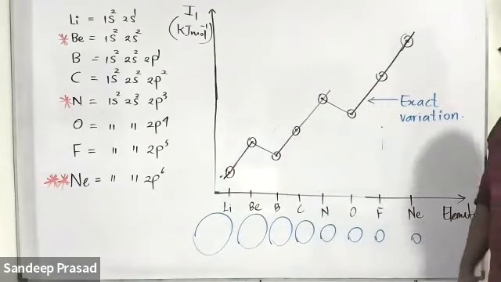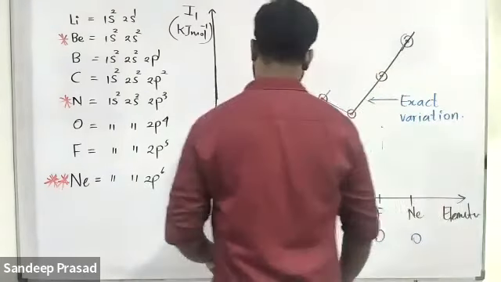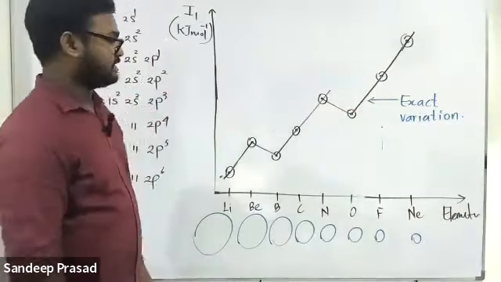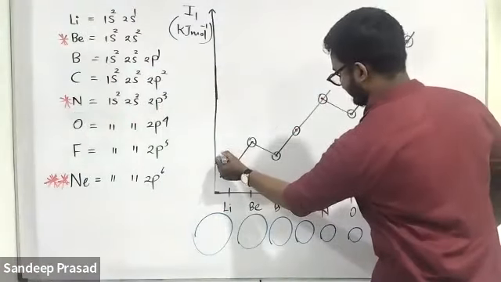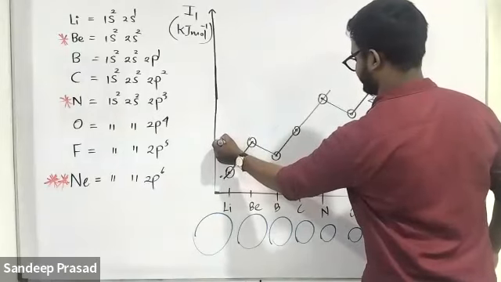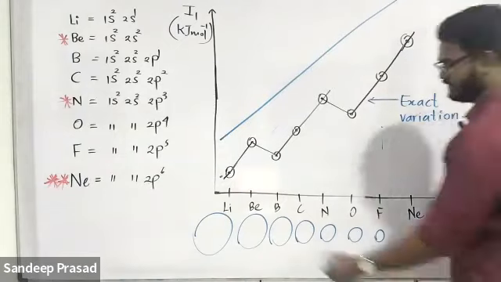Can you remember previously I drew here the expected variation? Expected variation was like this. It's gradually increasing in this way.